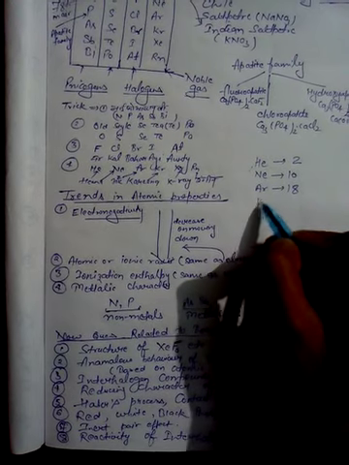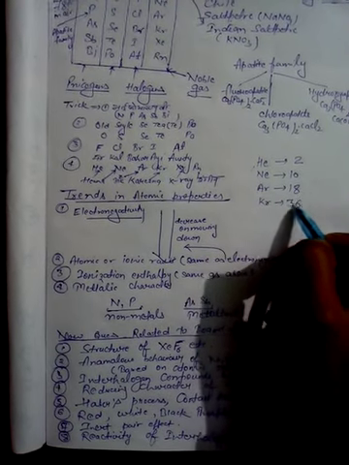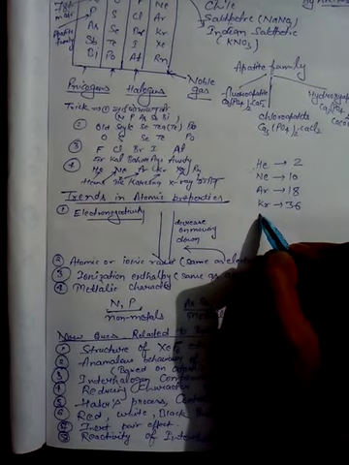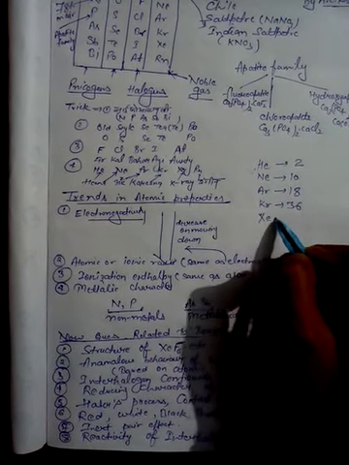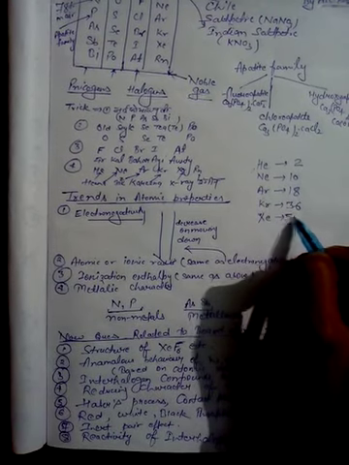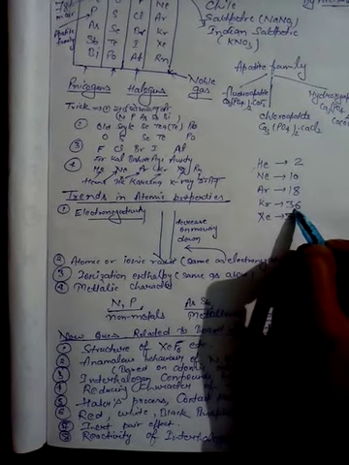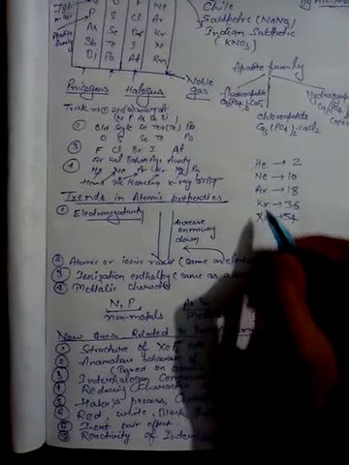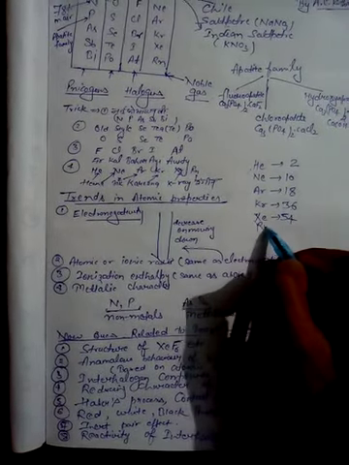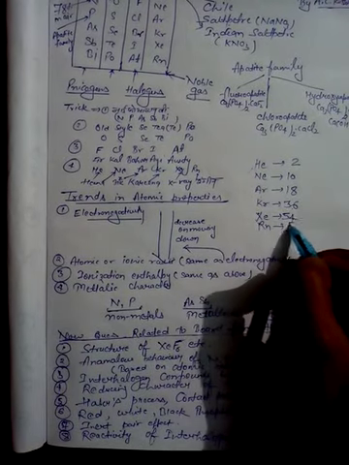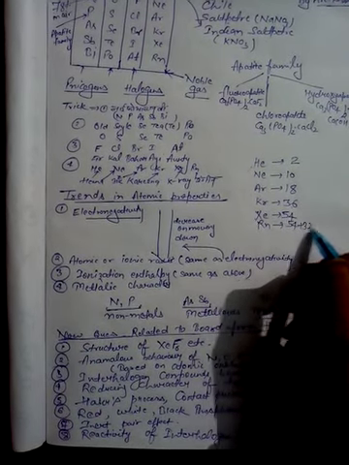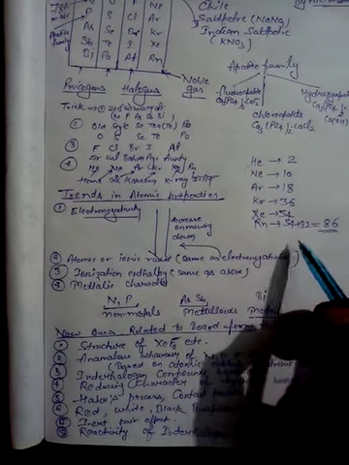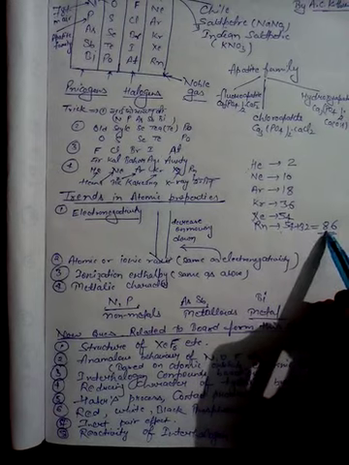Then krypton is 18 plus 18, which is 36. Then xenon is 36 plus 18, which is 54. And radon: if we add 32 to 54, we get 86. Then we have radon, atomic number 86.